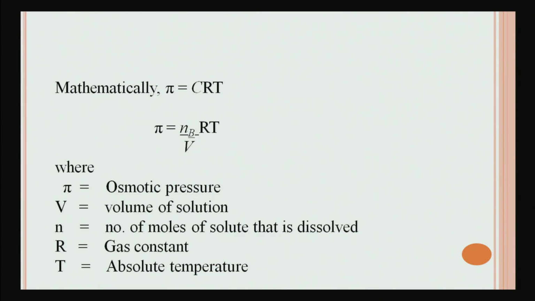Now, we can write n upon V instead of C. Here pi is osmotic pressure, V is the volume of the solution, n is the number of moles of solute dissolved, R is the gas constant and T is the absolute temperature.